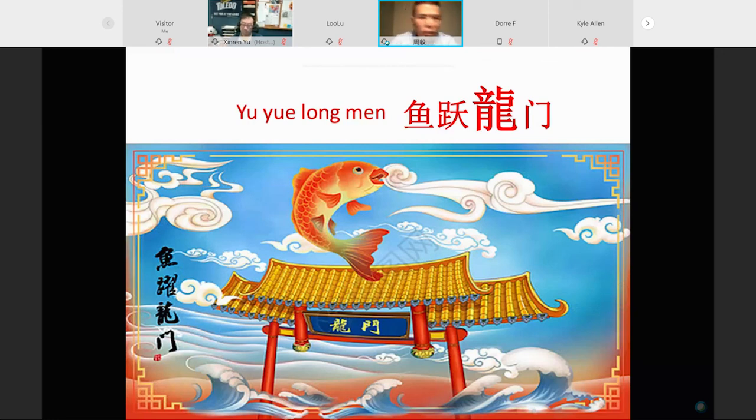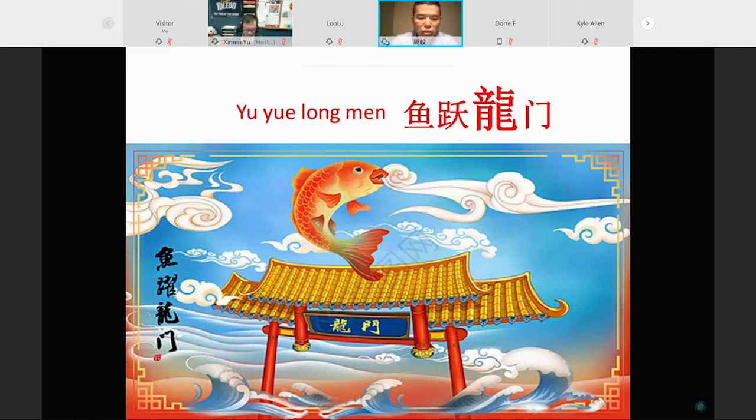The last idiom. Kyle, please read this one for us. This one is used a lot in Chinese people's life. It indicates that a fish, which is a carp, jumps through the dragon gate. You can see that's the dragon gate, Longmen.